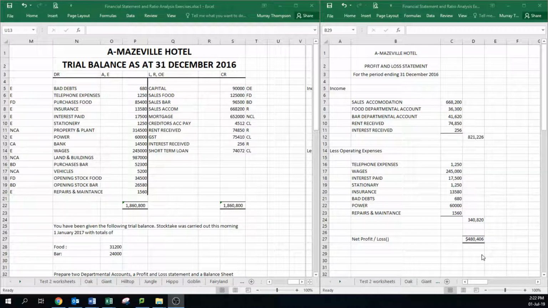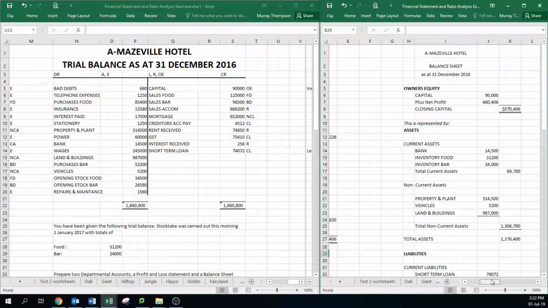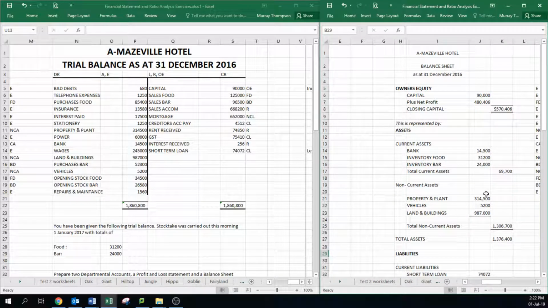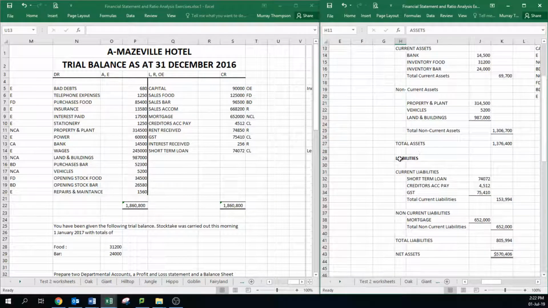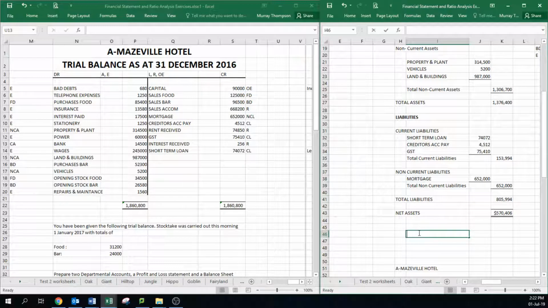Okay, the final step is to do the balance sheet. Now, the balance sheet is right here. So we've used revenue and expenses. Now, we're going to use the other three elements, and they are owner's equity, then we have assets and liabilities. And the formula used here is owner's equity is assets minus liabilities.